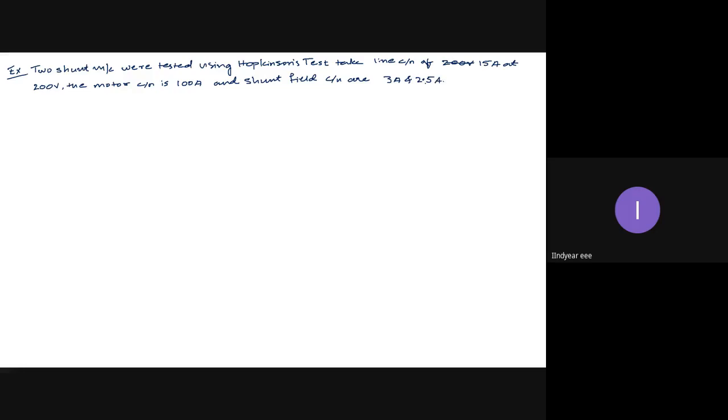If the armature resistance of each machine is 0.05 ohms, calculate the efficiency of each machine for the given load condition.